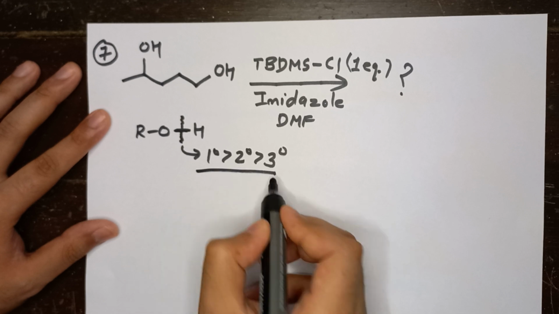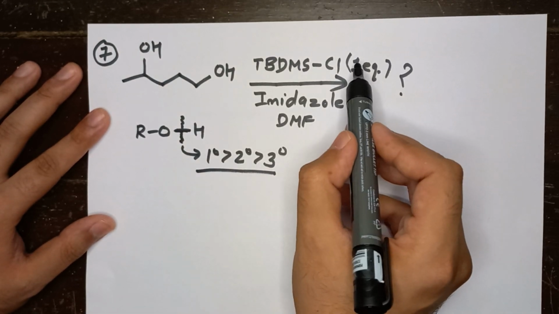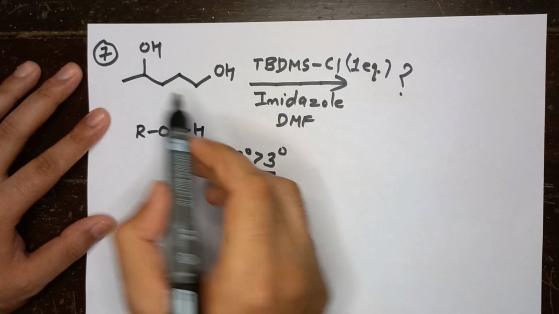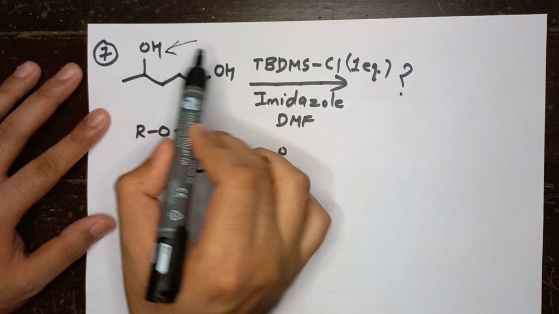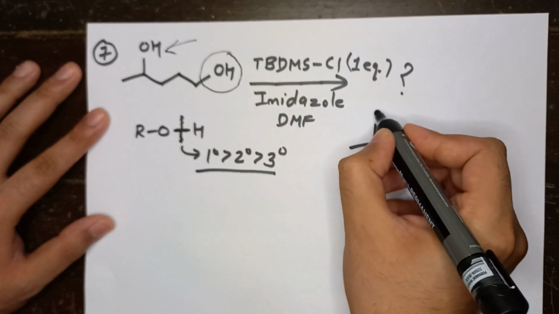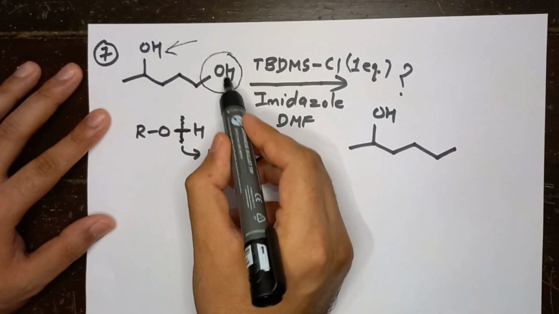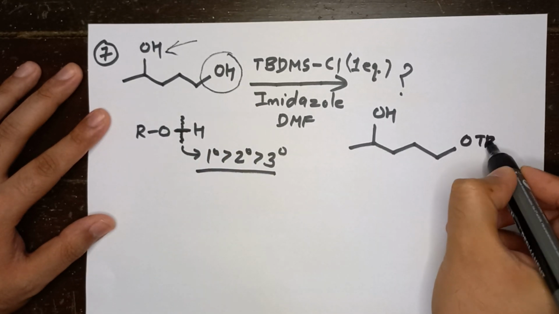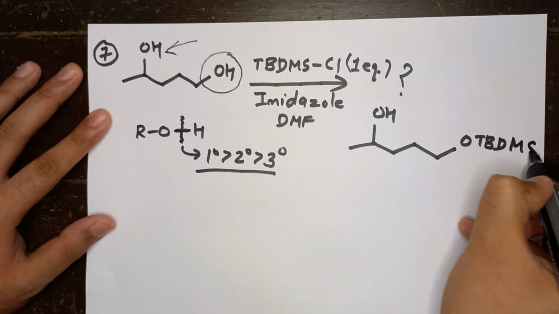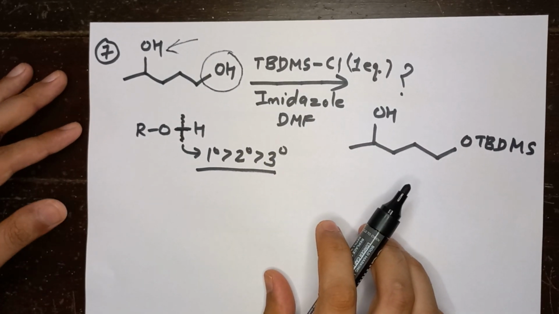So the order of reactivity is 1 degree followed by 2 degree followed by 3 degree. Just because we used only one equivalent, the secondary alcohol will be untouched and only the primary alcohol will react. So the product will have OH converted into OTBDMS just because we used TBDMSCl. So this was my seventh problem.